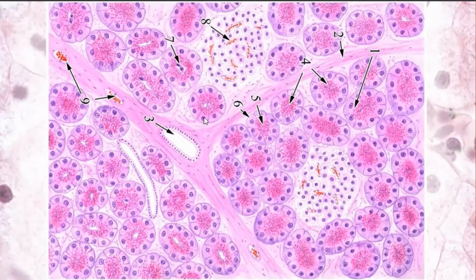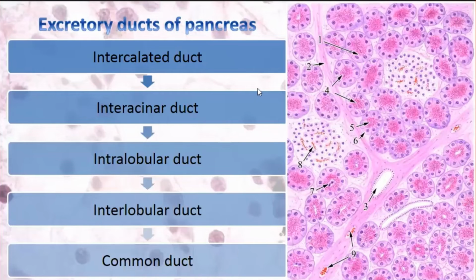And also here we can find central acinar cells in some acini, and also we have here islets of Langerhans. We can see them here, which are endocrine part of the pancreas. So here we can see system of excretory ducts of pancreas.